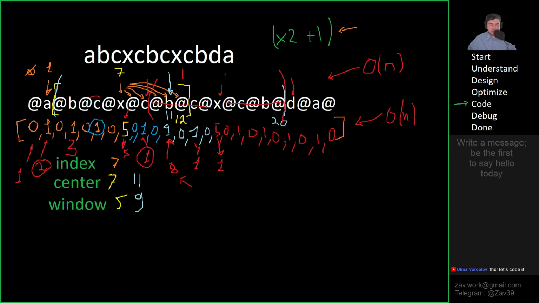By some reason we have just additional symbols. We cannot go further than the end of the window, so we will start at this point. We cannot go further than the window because we don't know what is later. Because if it were possible, then we would have just a larger window if the symbols after this are the same. So in this case we have a length of only 1 instead of 3.